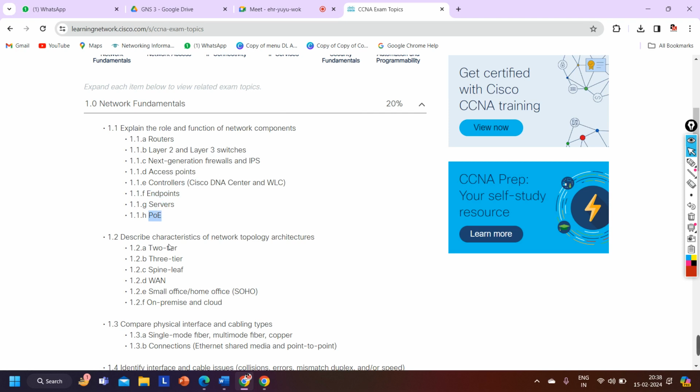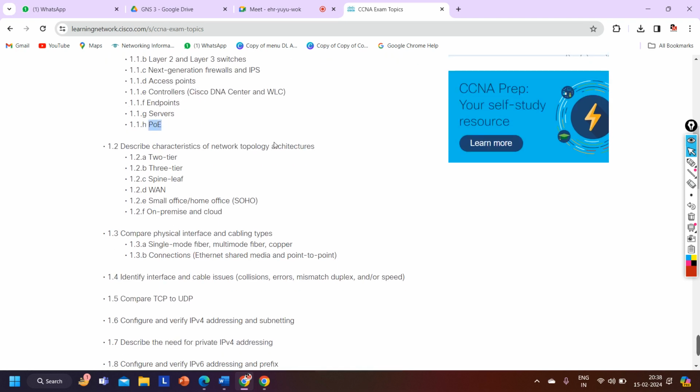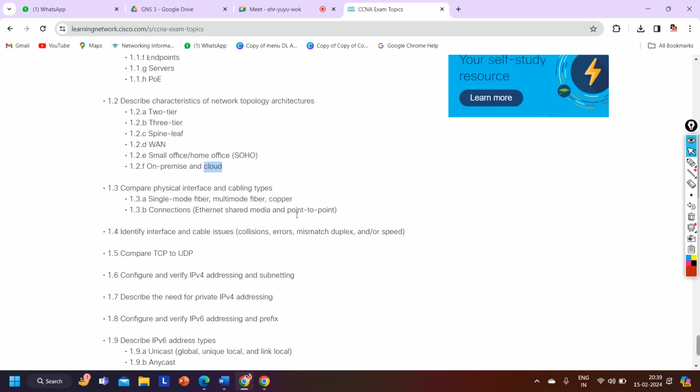Then PoE, power over Ethernet. Then network architecture, like 2 tier, 3 tier, spine-leaf, WAN, small office home office (SOHO), on-premise and cloud. If you are deploying something on your server and something on cloud, what is the difference there, right?